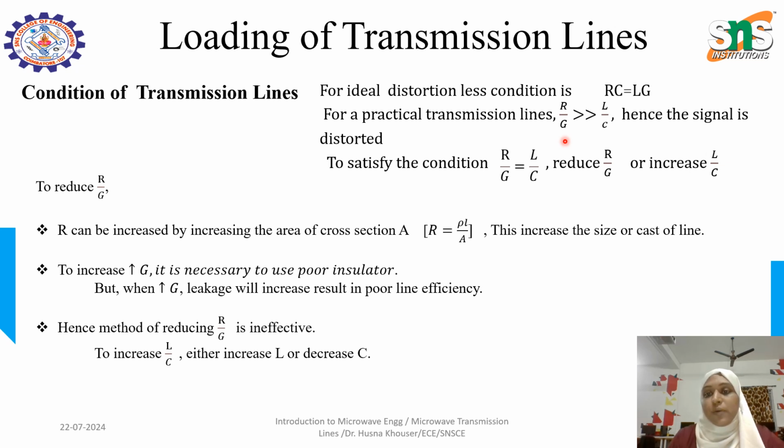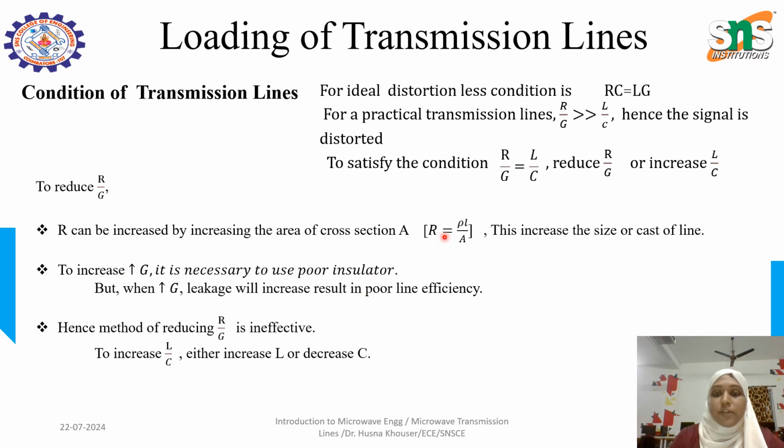I will discuss why we are getting the lumped parameters. To satisfy this condition, we have to reduce the R by G condition. When R by G is very high, we will have bulky wires, so we cannot transfer a lot of power, and it will be very cost effective.